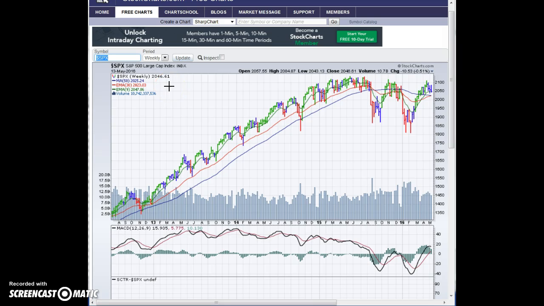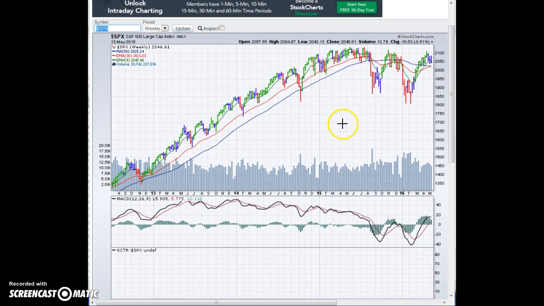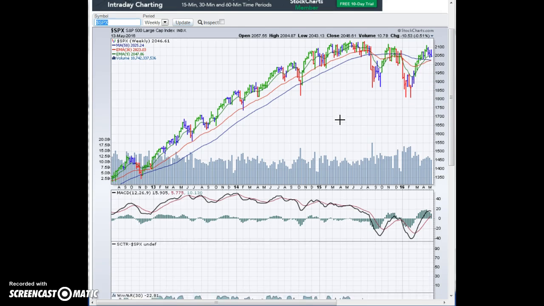Here's the weekly chart of the S&P 500 on SharpCharts, stockcharts.com. And what we can see here is that we've had 3 weeks of blue bars. This is showing the weakness that is reflected especially in the daily chart.